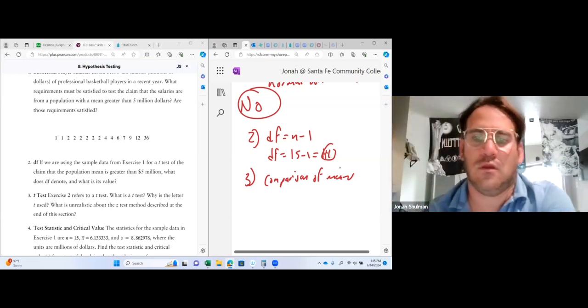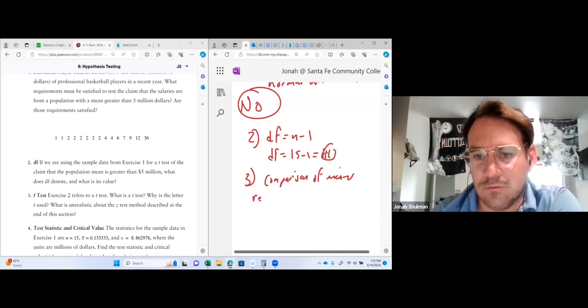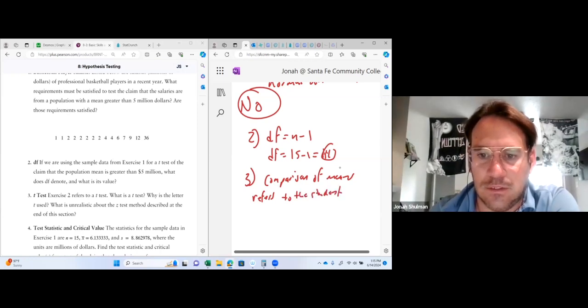Oh, okay. So this is our buddy from the Guinness. It refers to the student t distribution from that guy from Guinness.